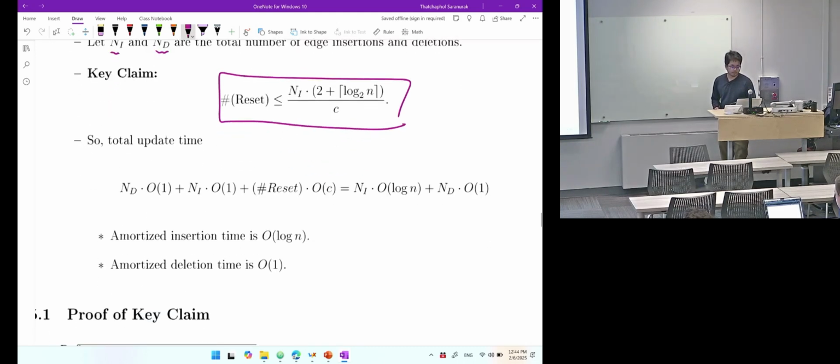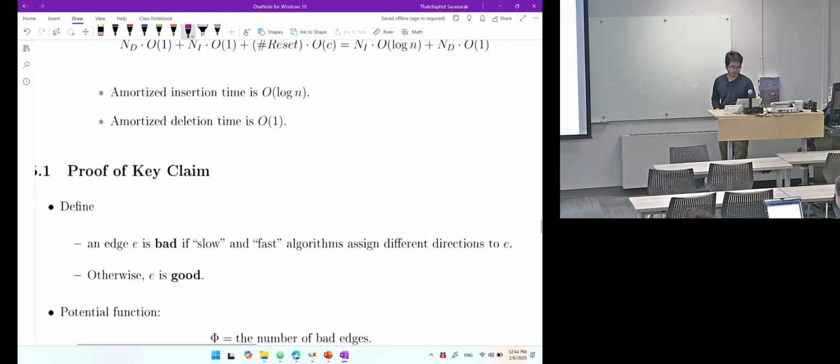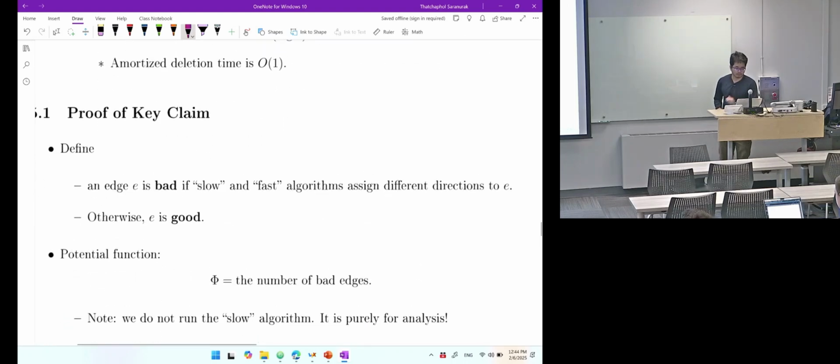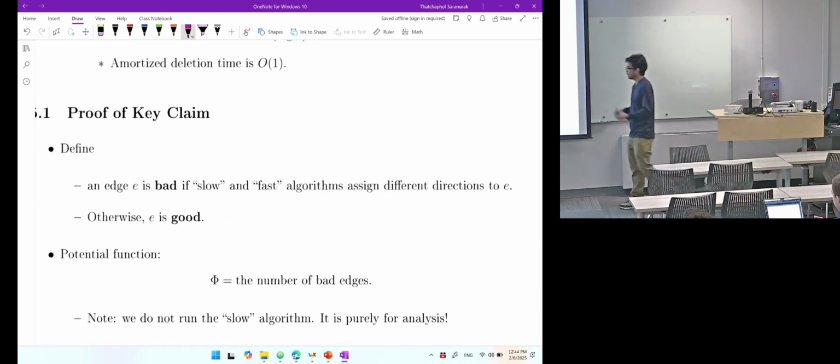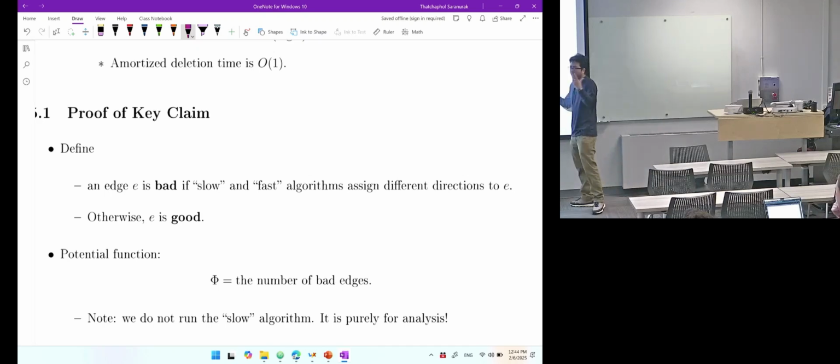Why is this the case? We're going to use a potential function or bank account, whichever is easier for you to think about. How do I design the potential function? First I'm going to define an edge to be bad. An edge is bad if the slow and fast algorithms assign different directions to it.